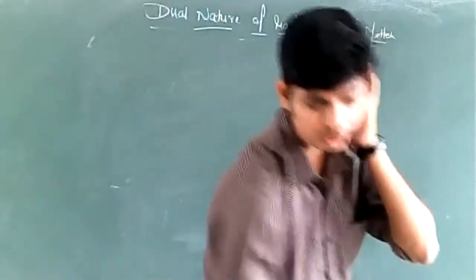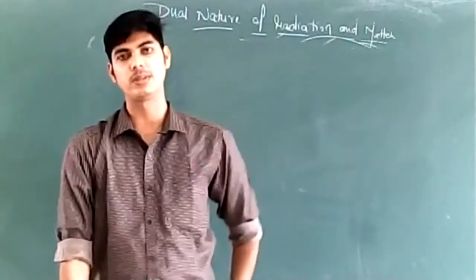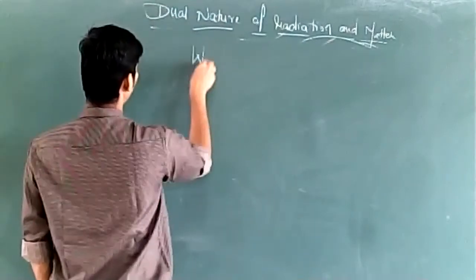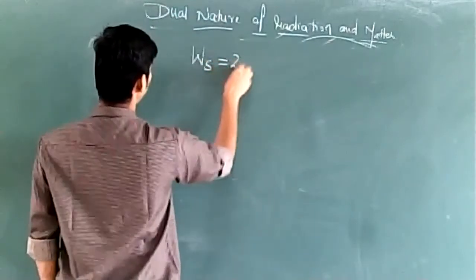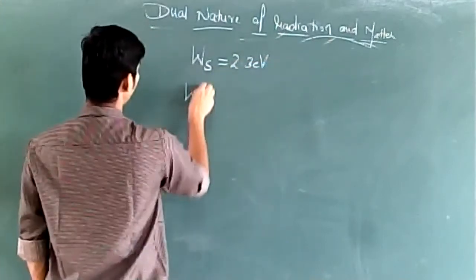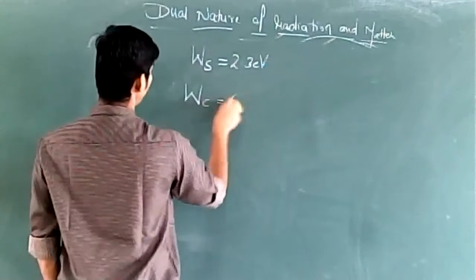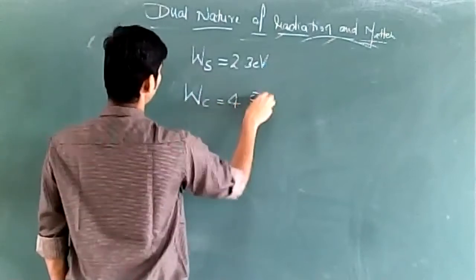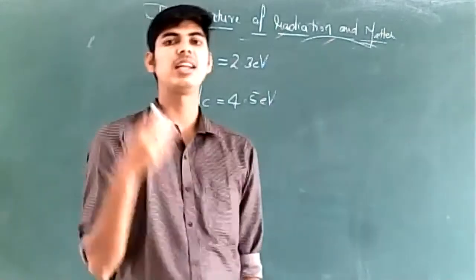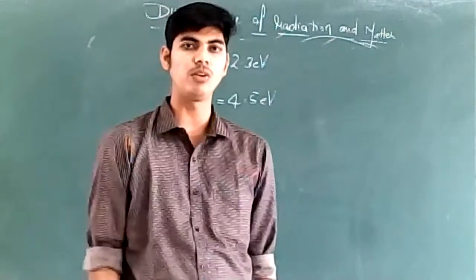You need to calculate the ratio of their threshold wavelengths. The work function of sodium is 2.3 electron volt, whereas the work function of copper is 4.5 electron volt.